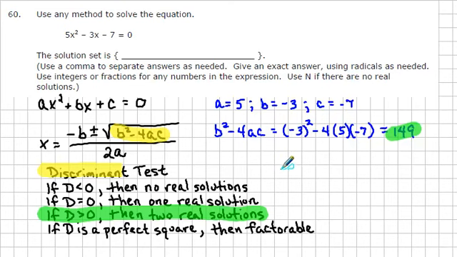The solutions will be x is equal to the opposite of b, the opposite of -3, plus or minus the square root of b squared minus 4ac. We just found that that number is 149, all divided by 2 times the a value of 5.